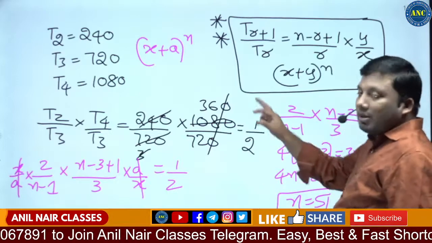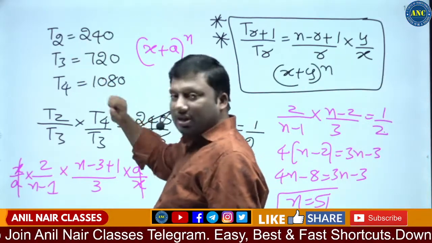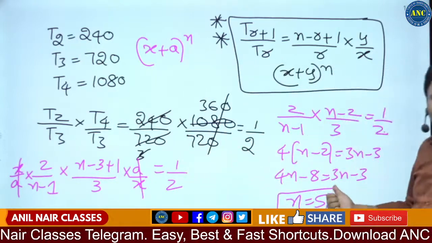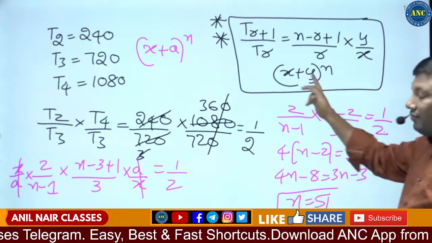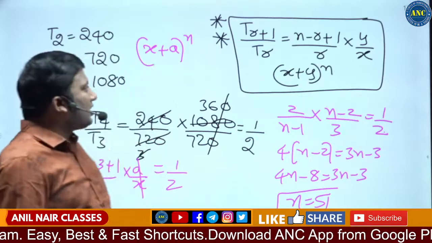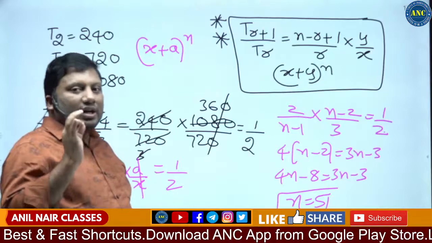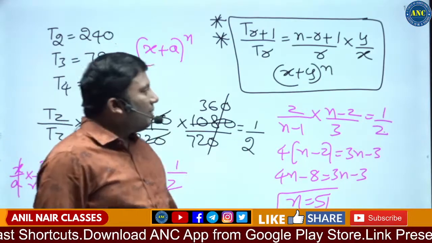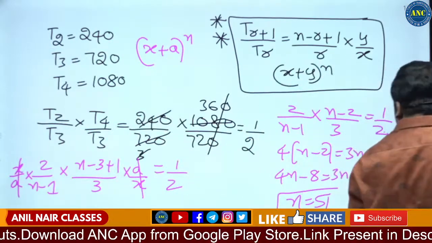So the power n such that T2 is 240, T3 is 720, T4 is 1080, comes out to be 5. This is a very important property to solve this kind of problem. I hope the idea is clear.